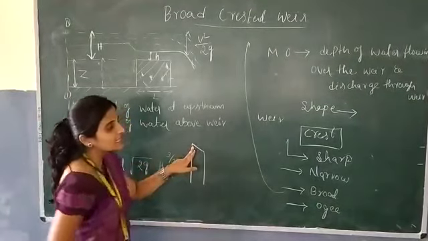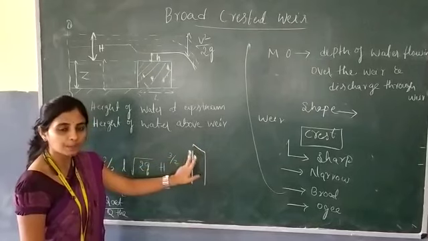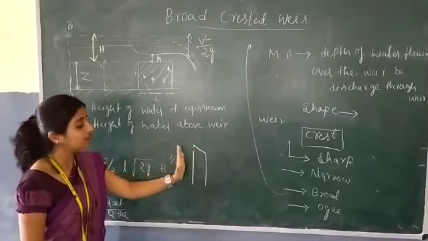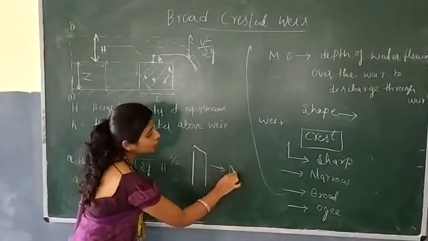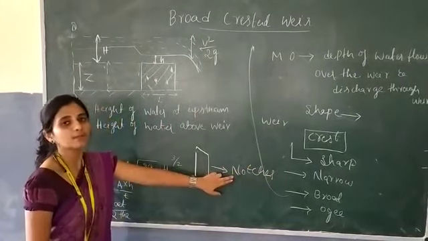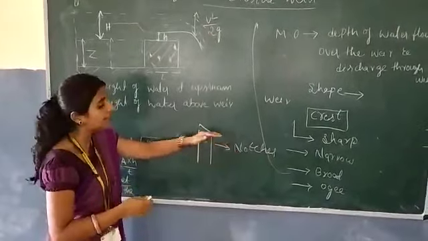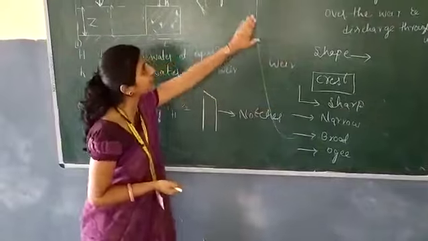So that is considered the sharp crested weir. Where do you apply this sharp edge? The sharp crested weir is always used in notches. In the notches, in most cases they use a metallic plate, so that they get the sharp crested weir.